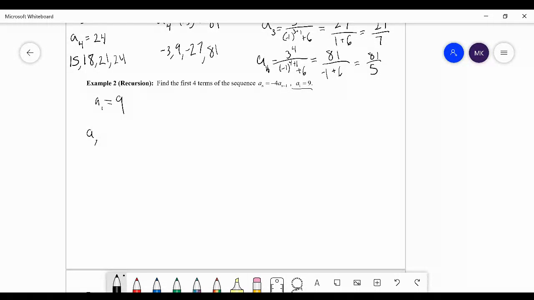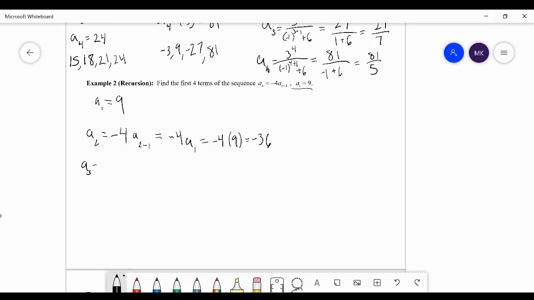Now a sub 2 is -4 times a sub 2 minus 1. So 2 minus 1 is 1. So this is -4 times a sub 1, which is -4 times 9, which gives us a lovely -36.